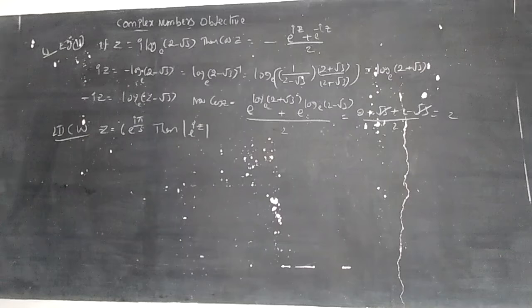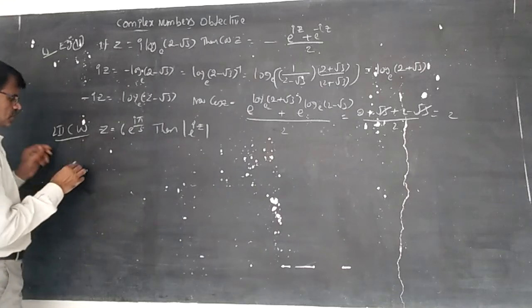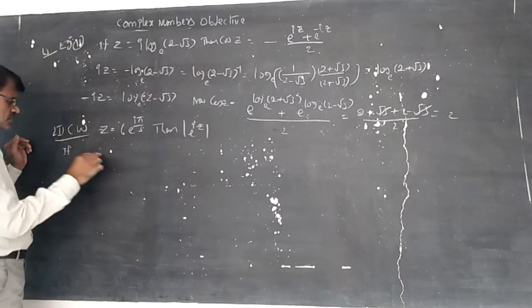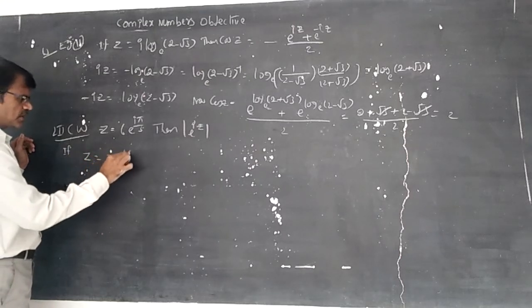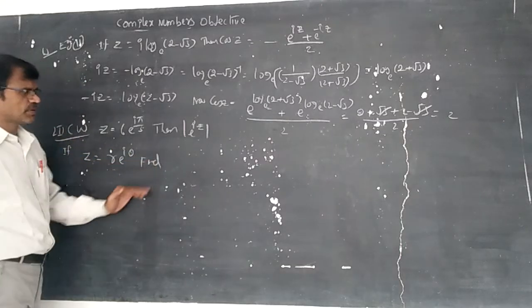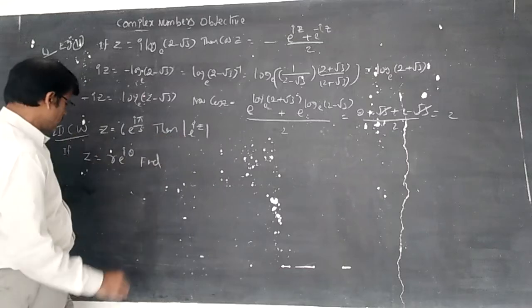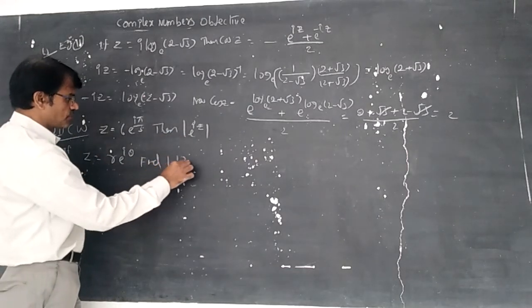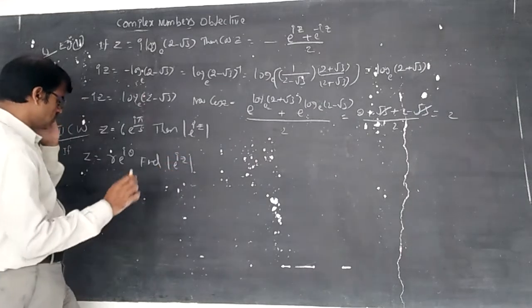Okay, let us discuss the formula. If z is equal to r into e power i theta, find modulus of e power i z. This is the formula.